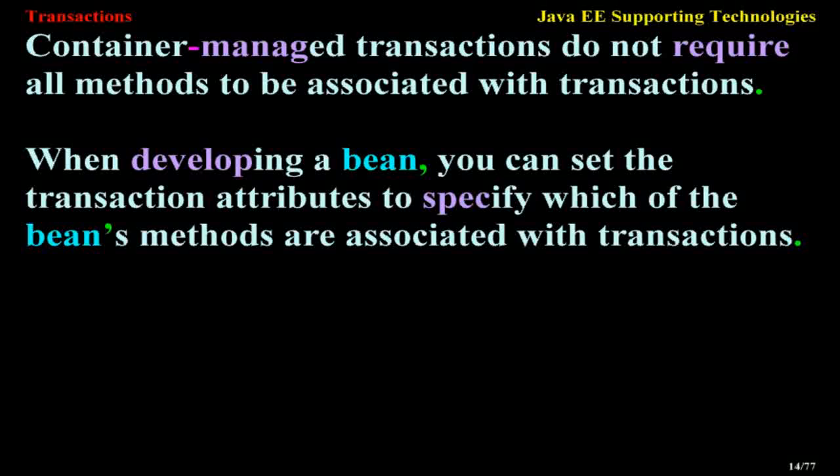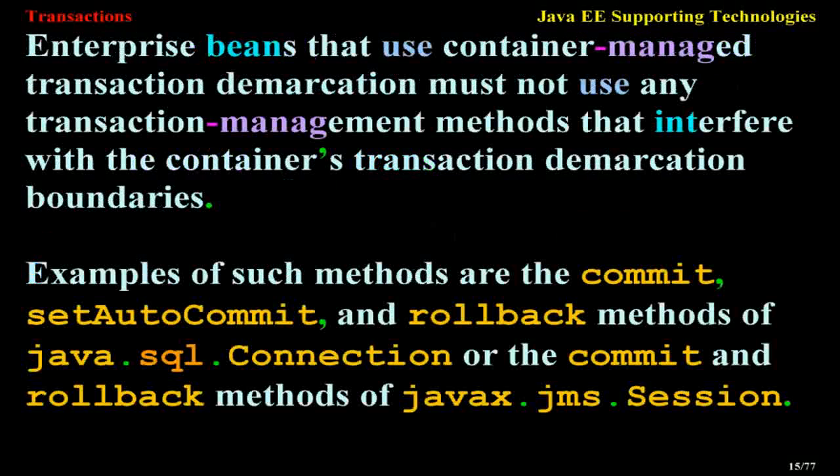Enterprise beans that use container-managed transaction demarcation must not use any transaction management methods that interfere with a container's transaction demarcation boundaries. Examples of such methods are the commit, setAutoCommit, and rollback methods of java.sql.Connection or the commit and rollback methods of javax.jms.Session.